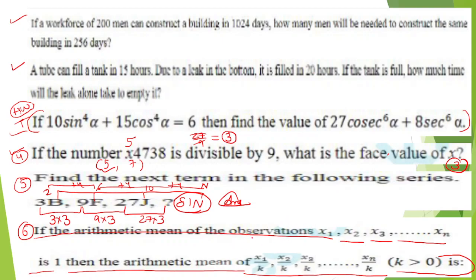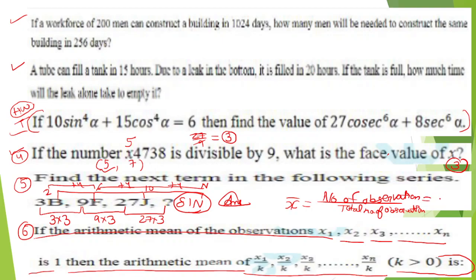Okay, so we know the mean formula. It is the arithmetic mean formula: sum of observations upon total number of observations. There are multiple formulas, multiple ways to mention mean.